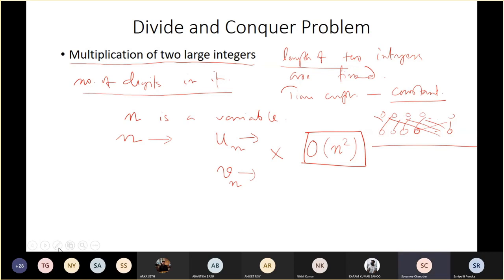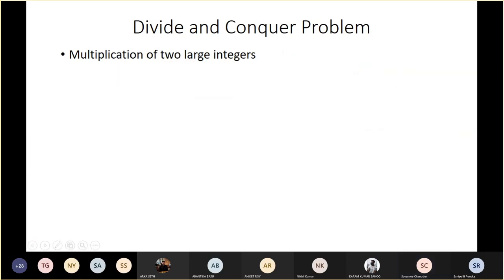Okay. So let u and v be two given integers. We can write this u as w into 2 to the power n by 2 plus x, and v we can also represent, say, y into 2 to the power n by 2 plus z.